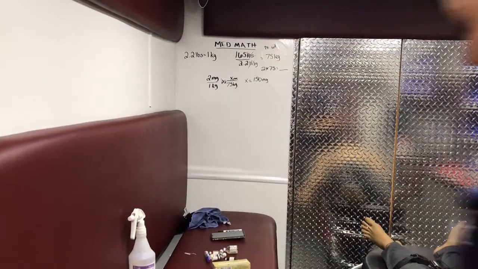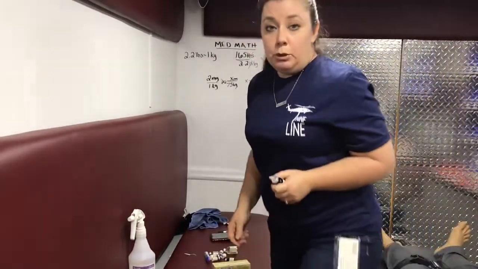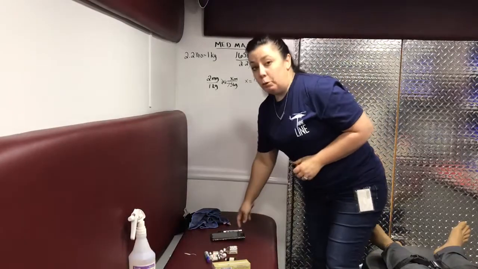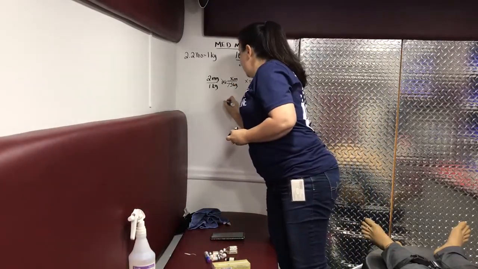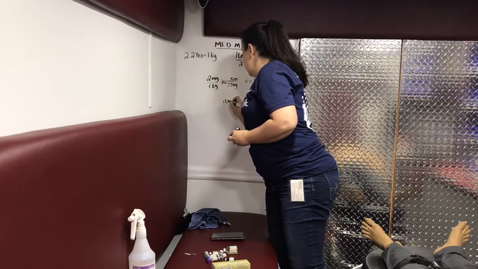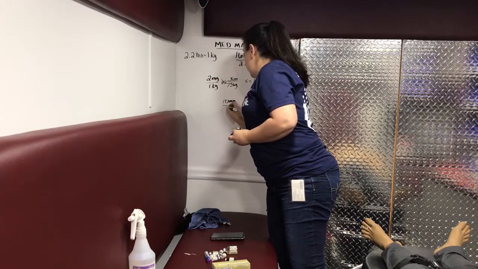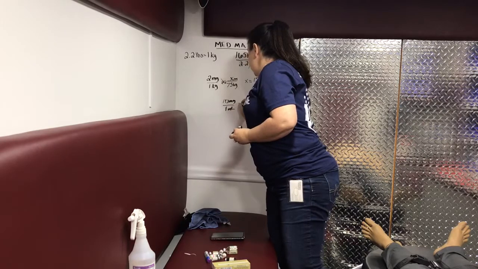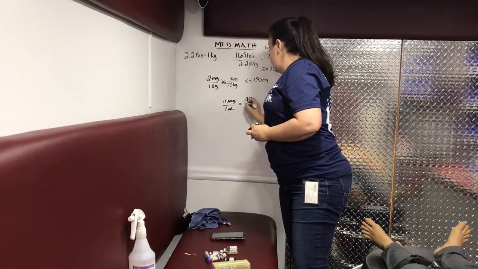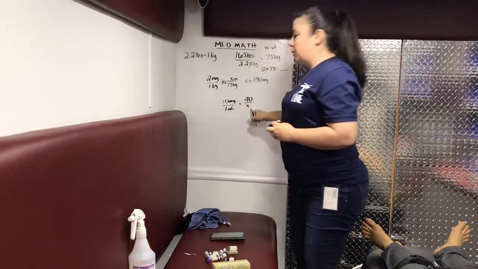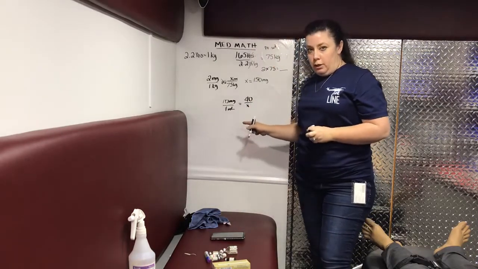If we're giving Lasix to our patient, our normal dose is about 40 milligrams. Here's our concentration: 10 milligrams for every 1 mL. We need to give 40, but we're not sure how much fluid to draw up.